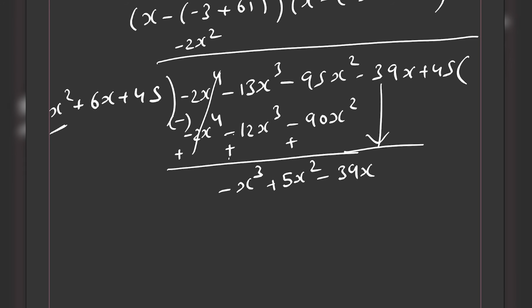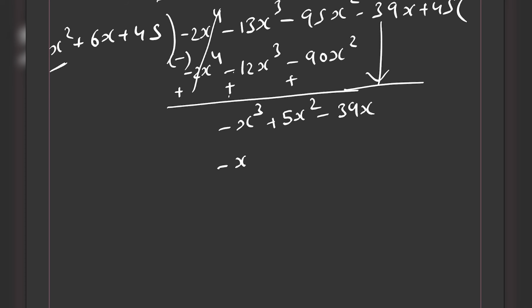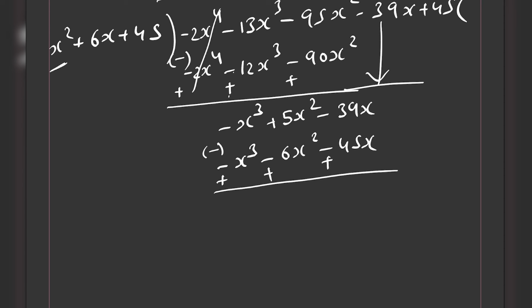Okay, so now I gotta remove that minus x cube, so I will multiply with minus x. So it is minus x cube, plus 6x times minus x is minus 6x square, 45 times minus x is minus 45x. So again I'm subtracting, so that means change the signs.